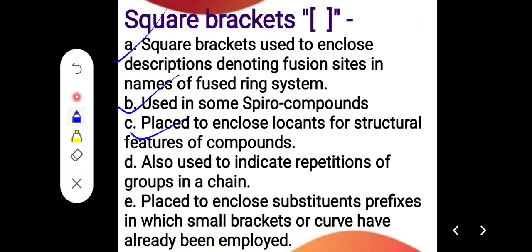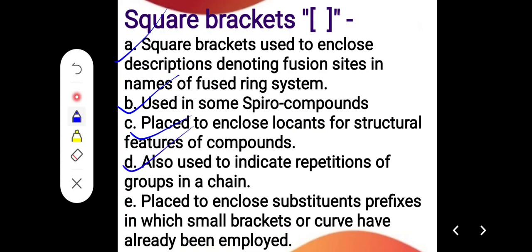It is also used to enclose the locants for structural features of a compound. Also used to indicate repetition of a group in a chain. Suppose one chain is repeated again and again, or disubstituted, so in these cases we can use square brackets to specify this.